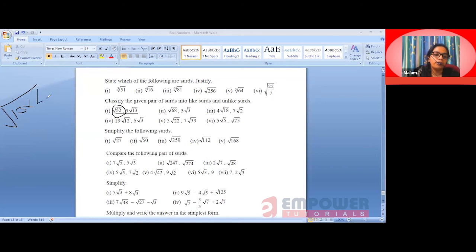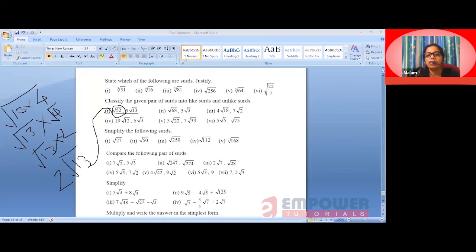If you see, 4 is a perfect square, so I can write it as 13 into root 4. Now root 4 will be 2, and this will be root 13. I can multiply rational and irrational numbers, so this will be 2 root 13. So now I can say root 52 and 5 root 13 are like surds. This is how you have to solve.